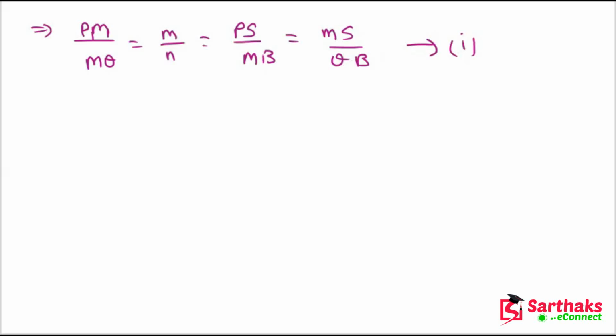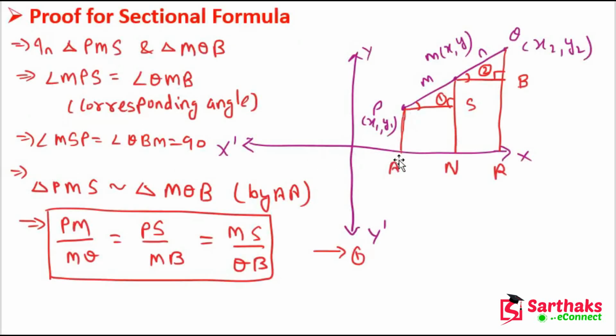Now, what is PS? PS is equal to AN. And what is AN? ON minus OA. Then we can find this value. ON is x and OA is x1.